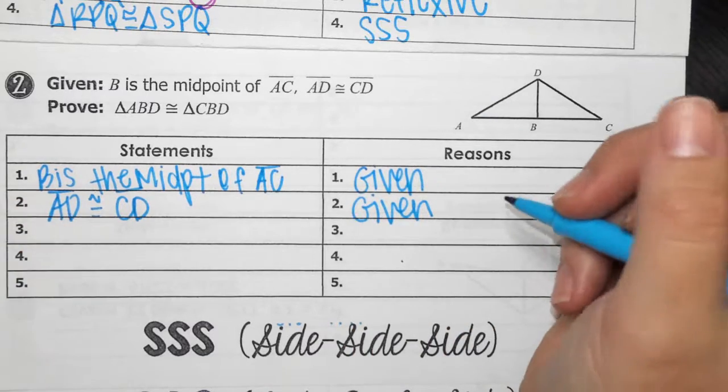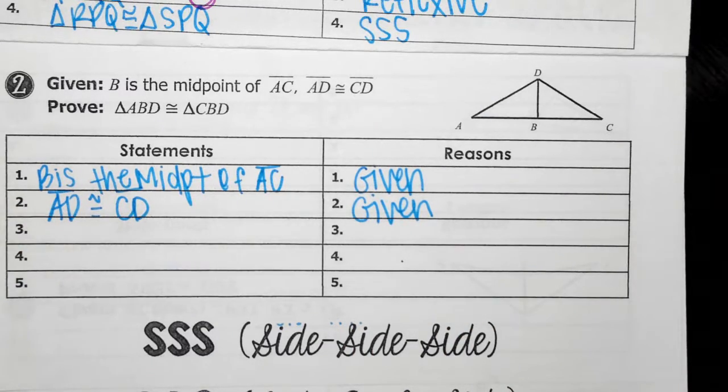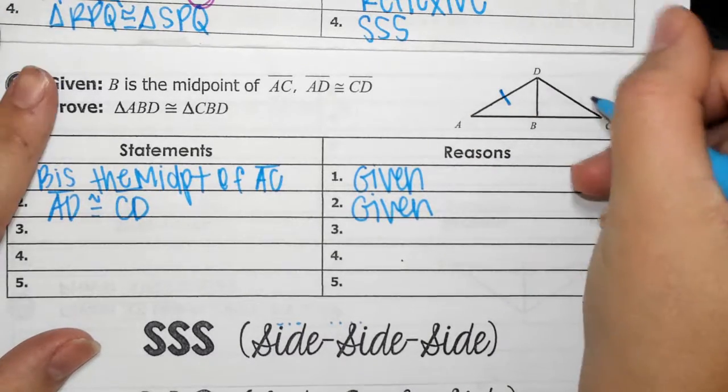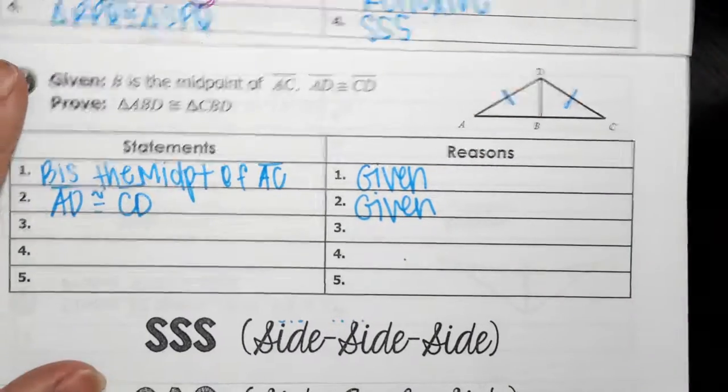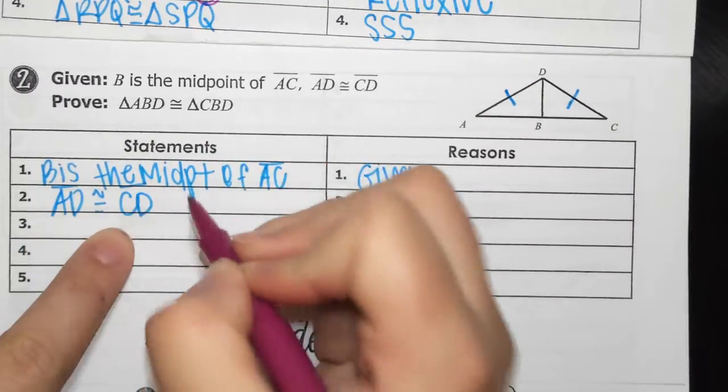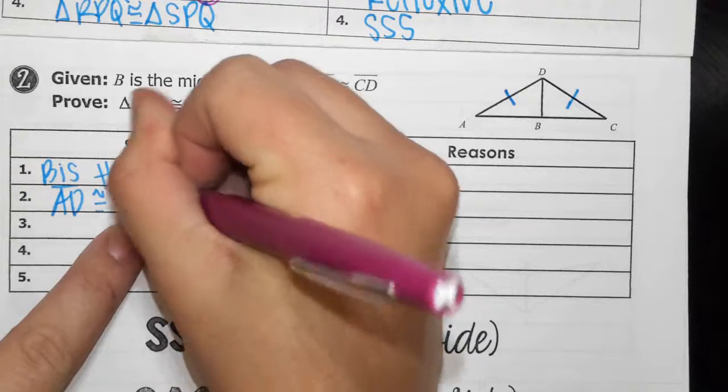So the only thing they have flat out told me for sure is that AD is congruent to CD. That's it. And what I mean for sure is that they literally wrote this is equal to this. So that is a side.